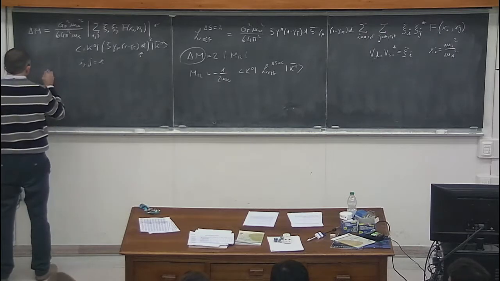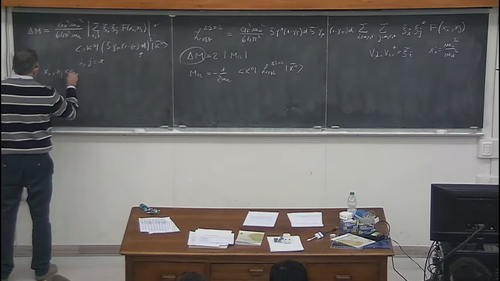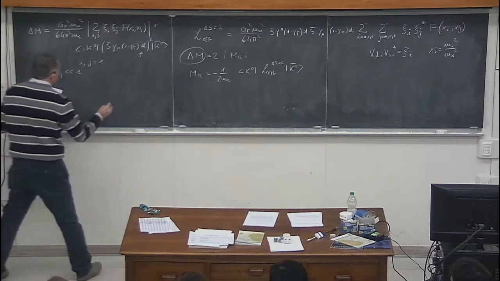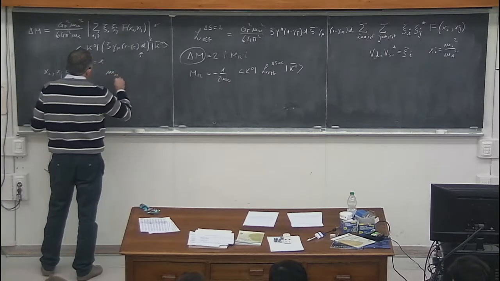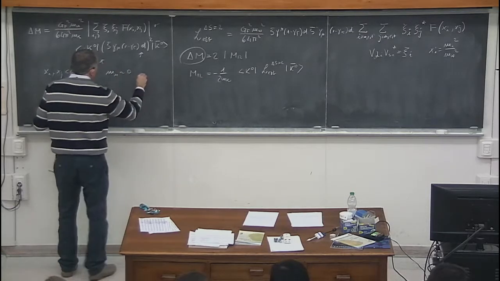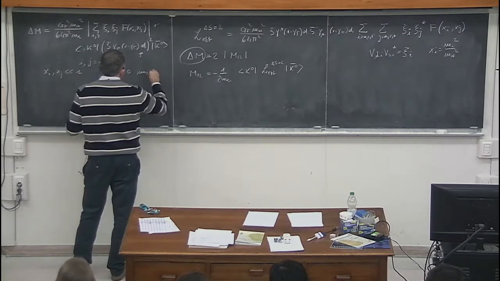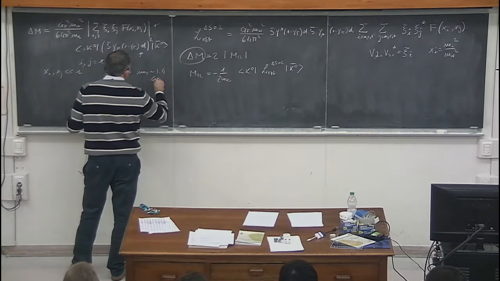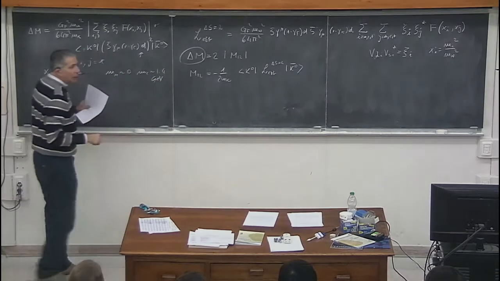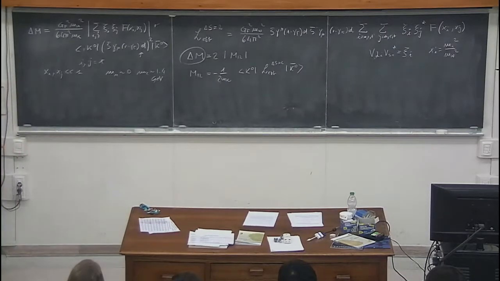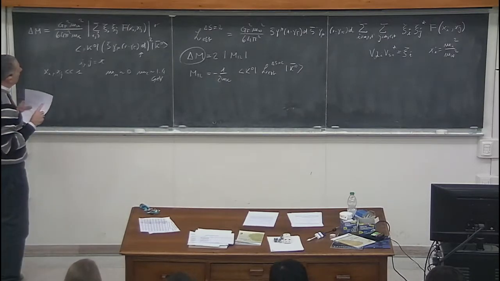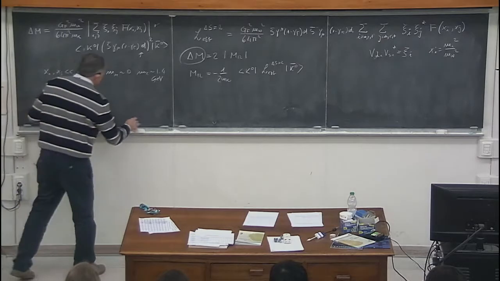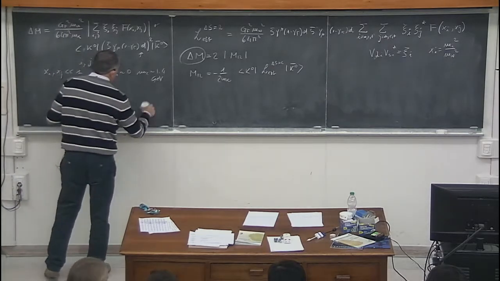And the two remaining contributions can be computed in the approximation xi, xj much less than 1, because the mass of the up-type quark is essentially 0, and the mass of the charm quark is around 1.4 GeV. This is what we know now, but it was not known at the time, so it was just assumed that m_charm was large but much less than the W mass.